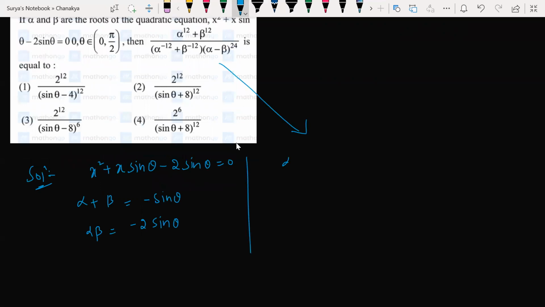Check. Alpha to the power of 12 plus beta to the power of 12 divided by alpha to the power of minus 12 plus beta to the power of minus 12 can be written as 1 by alpha to the power of 12 plus 1 by beta to the power of 12. Correct? Into alpha minus beta to the power of 24. Okay.